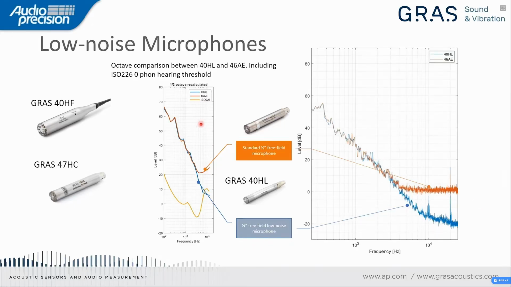So in the chart on the left, we have 3 different curves. The orange and the blue curve are representing the signals that are measured by the 2 measurement microphones, the low noise measurement microphone, 40HL, and the standard measurement microphone, GRAS 46AE.